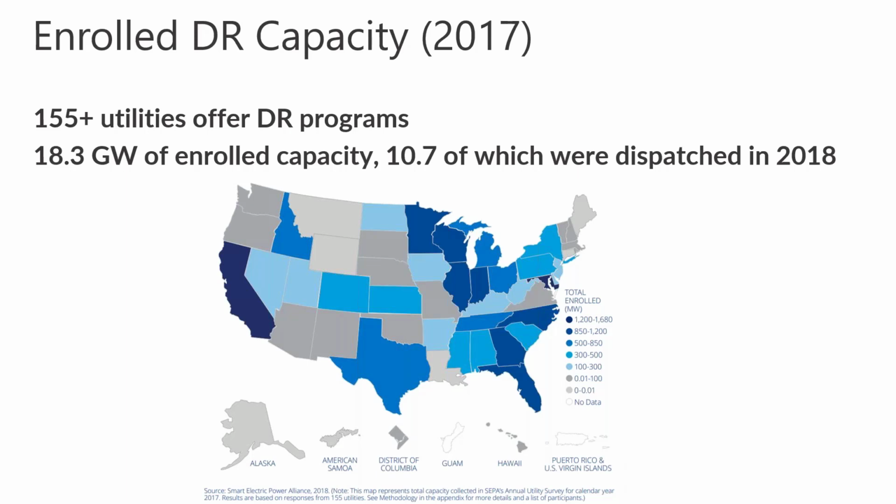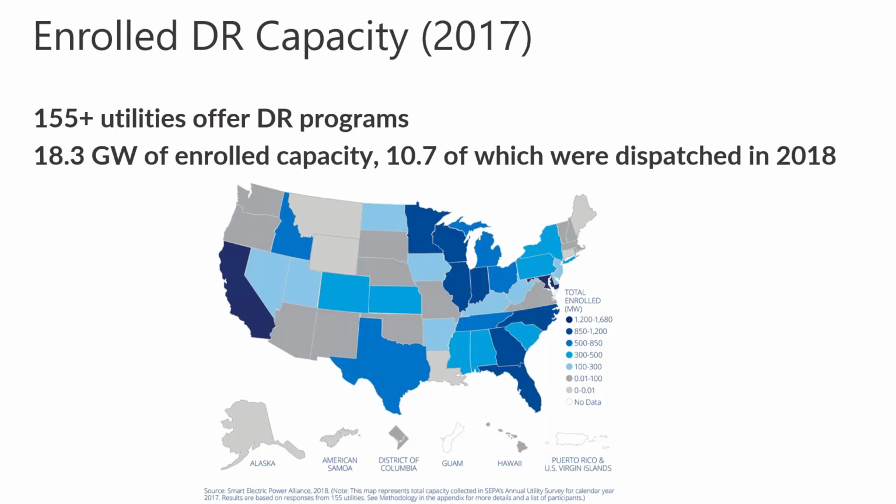Thermostats, water heaters, and controlling the AC units make up the majority of the enrolled capacity. In the U.S. alone, many utilities are starting to offer these programs, and it's especially important in the C&I sector.